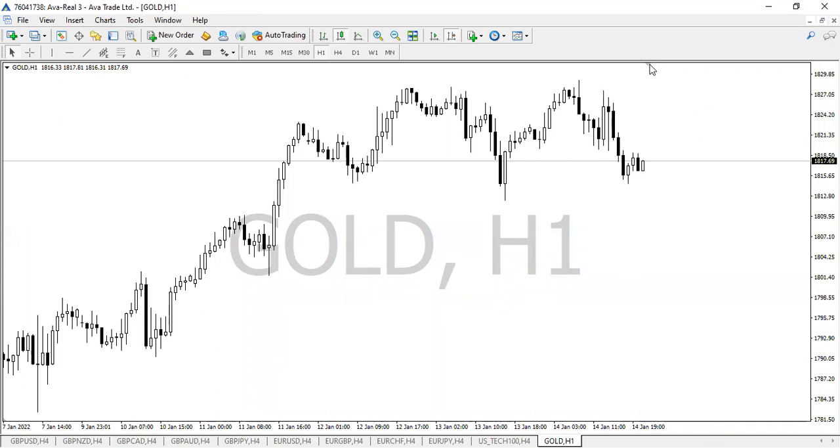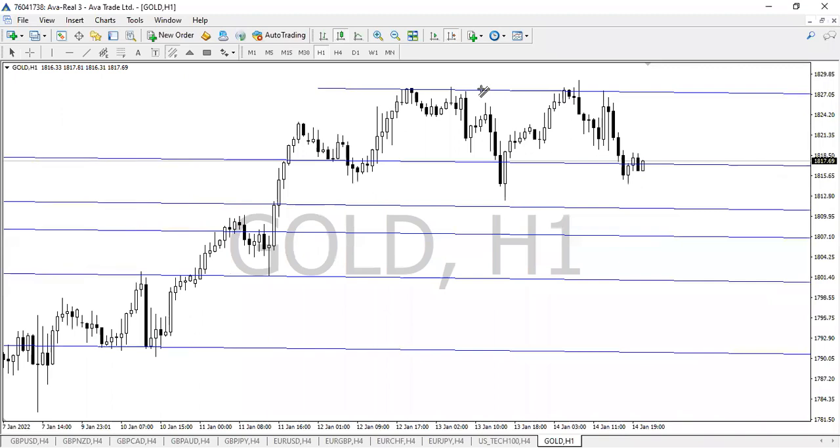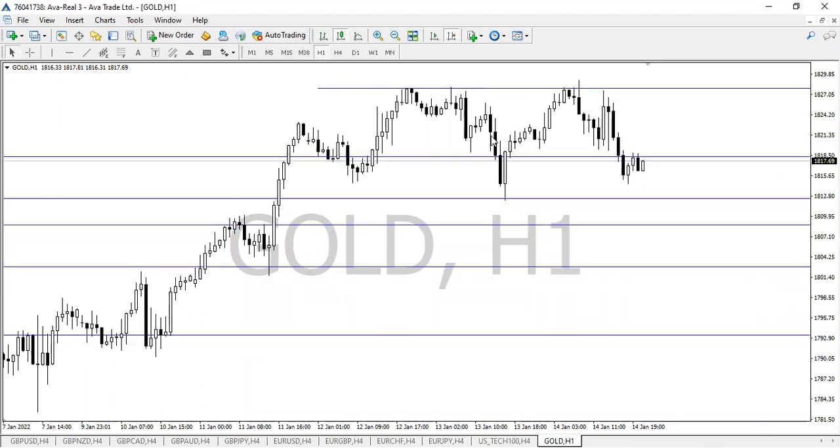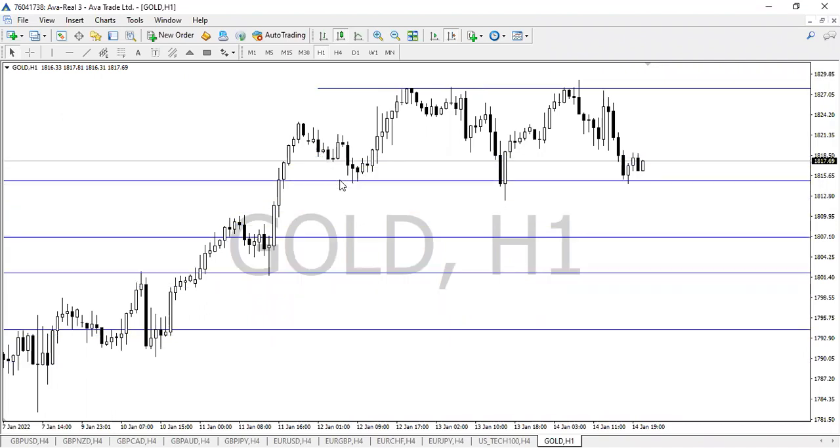Looking at gold here, you will notice that we have a sideways market. This is what we have, guys. We have a sideways market for gold.